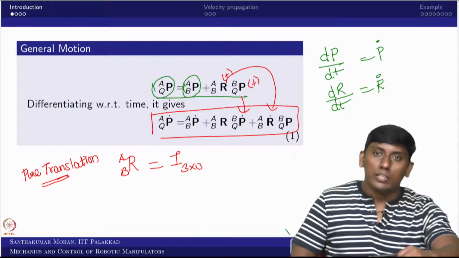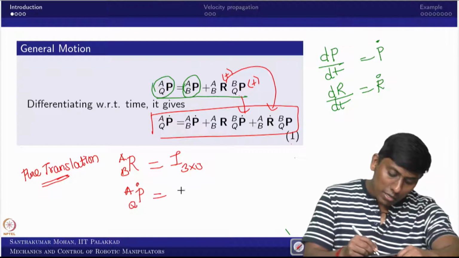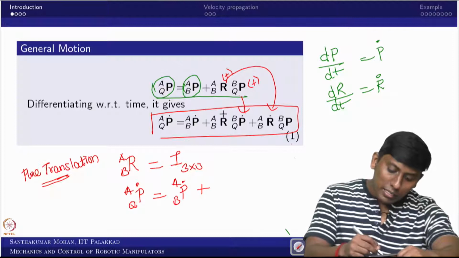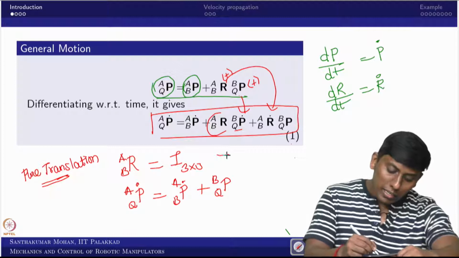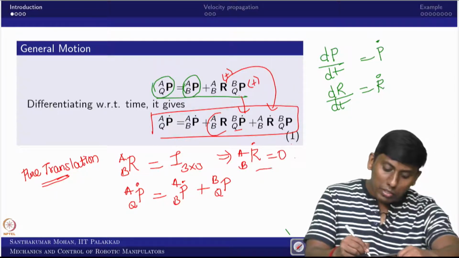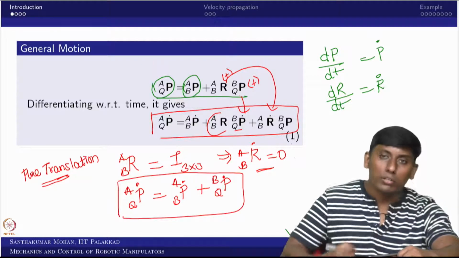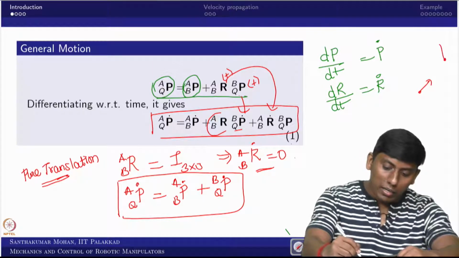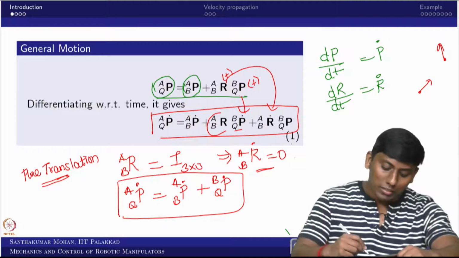So P of Q with respect to A, dotted, becomes P of B with respect to A, dotted, plus the identity matrix times Q with respect to B. Since it is the identity matrix, the rotation matrix derivative would be 0. So what you can see is two velocities, one velocity and another velocity, and you can take the vector addition.